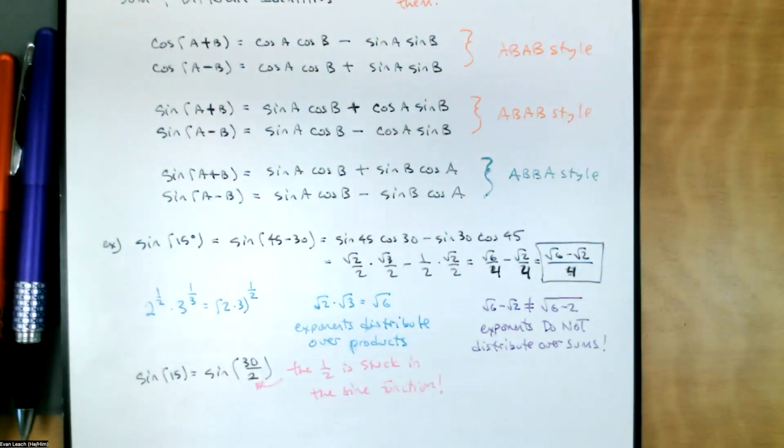So we needed some other way to deal with that 30 over 2. There is an answer to this, but it's not as simple as just pulling the 1/2 out. Because that 1/2 is inside, the 30 gets divided by 2, then we take the sine. I can't switch the order on this, because the trig functions do not distribute over products.